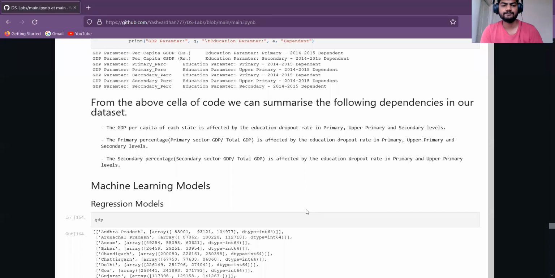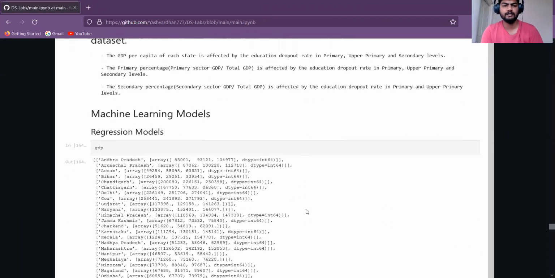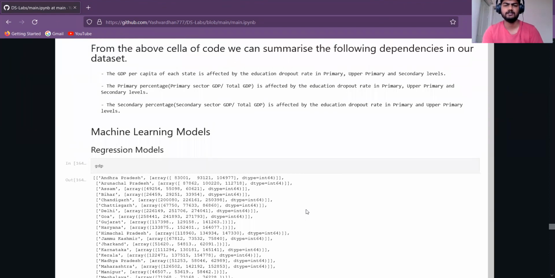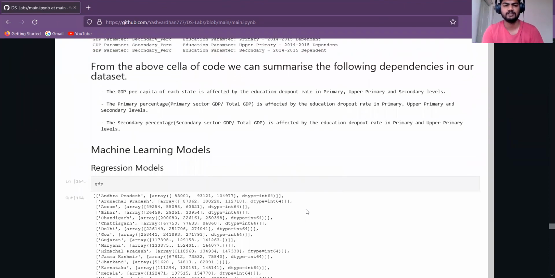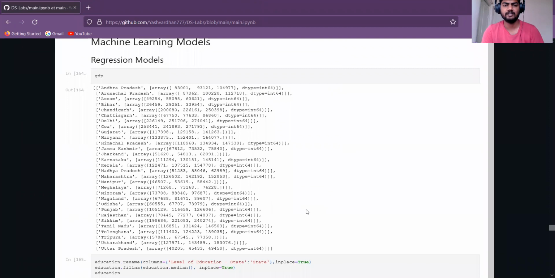From the above, once we get the hypothesis testing, we then use the regression model.